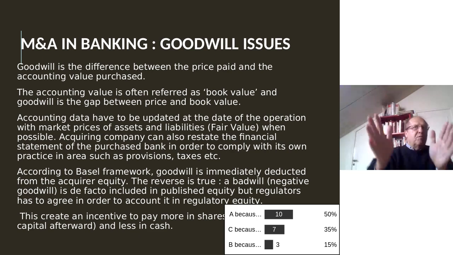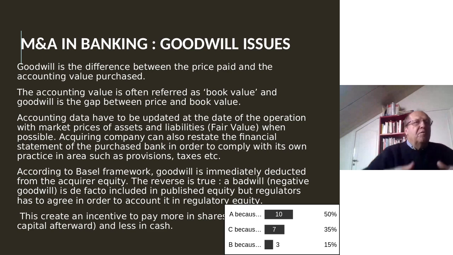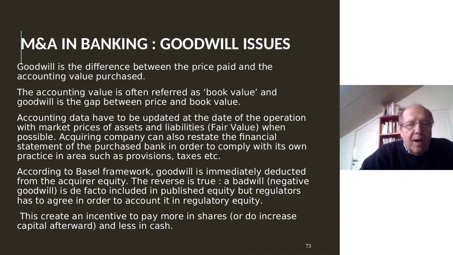And future profit cannot face present losses. Only present equity, present earnings can face present losses. So this is quite an important issue for banks, and that's why regulators are very strict on that.